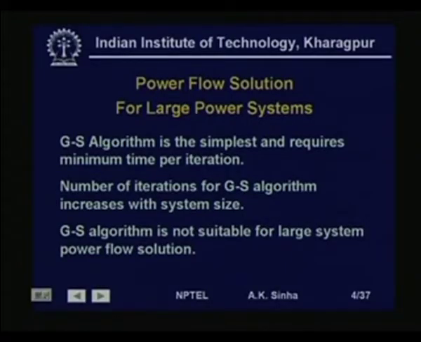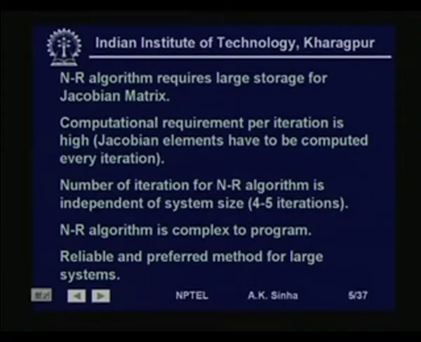In fact, the Newton-Raphson method was known earlier, but this method could not be used for the power flow problem, mainly because for a large system it required large Jacobian matrix solutions, that is, solution of a large system of equations, which was not possible earlier.